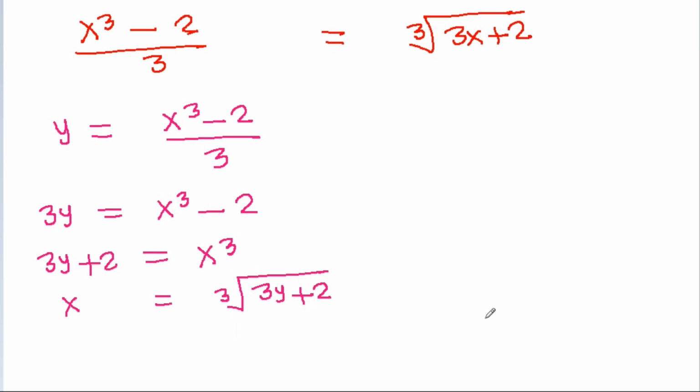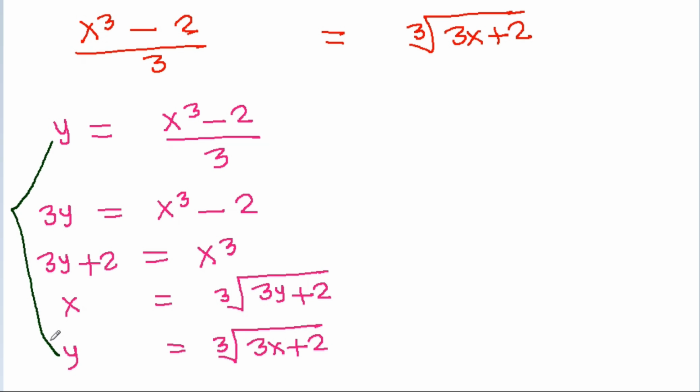If we interchange x and y, then we get y is equal to cube root of 3x plus 2, where these two are inverse functions and this is the same as this. That means f(x) is equal to f inverse of x.